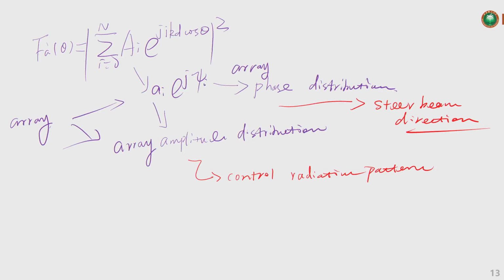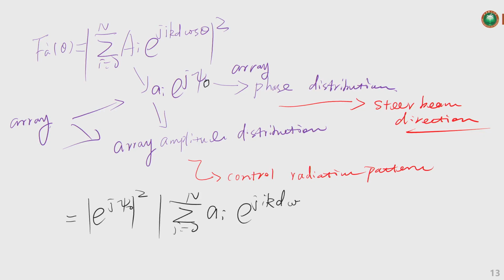That means the phase is a constant. So then F_a can be simplified to the absolute value of the sum of a_i e^(j i k d cos theta), squared.